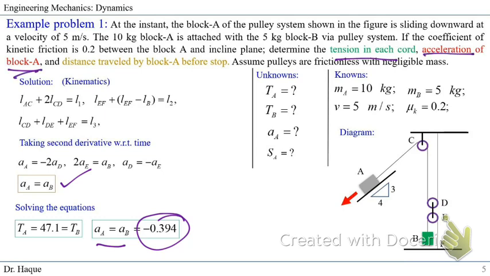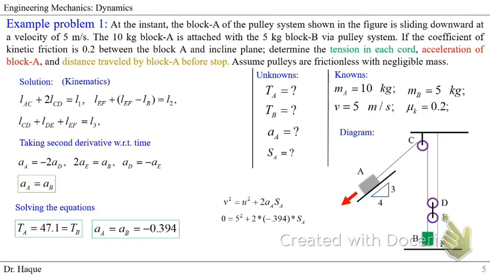We got the acceleration of block A, which is negative 0.394 meter per second squared. And now the distance traveled by block A. For that we have to use the equations that we already know: V squared equals U squared plus twice AS.